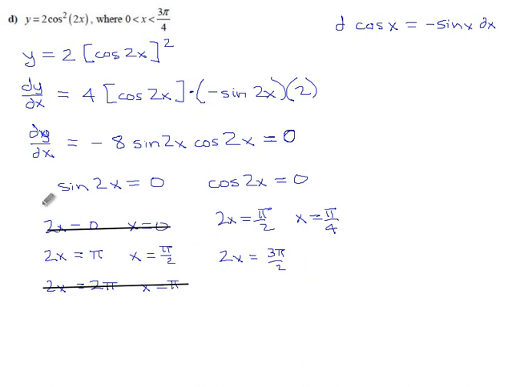And this other one is going to be x equals 3 pi by 4, which is just barely out of domain. So we can't use it. So for critical values, we have 2. We have pi by 4 and pi by 2 are the interesting places on this function. Pi by 4 and pi by 2.